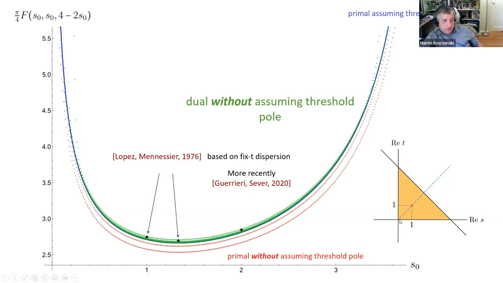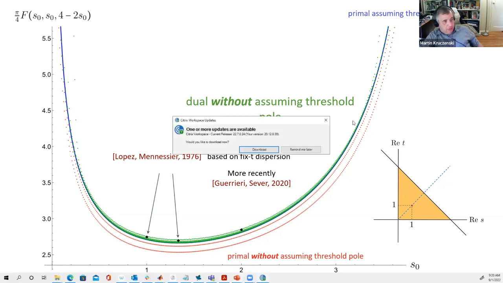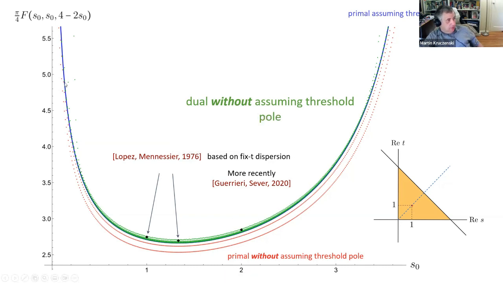Symmetric point is 4/3, but you can go along this line where S and T are equal and maximize, see what's the maximum value that you can have for the amplitude, and we got this curve. This is some new result. I don't think it was computed before. There were some points that were computed in the 70s. The symmetric point in particular here, 4/3, but here we find the whole curve.